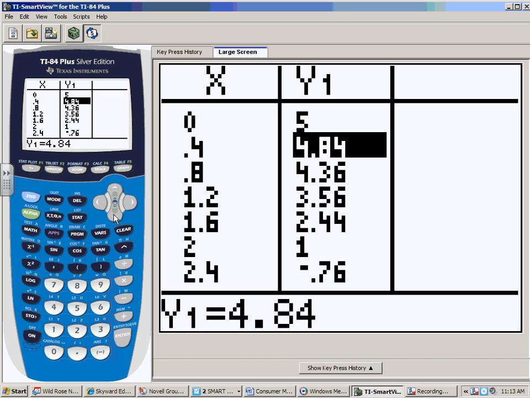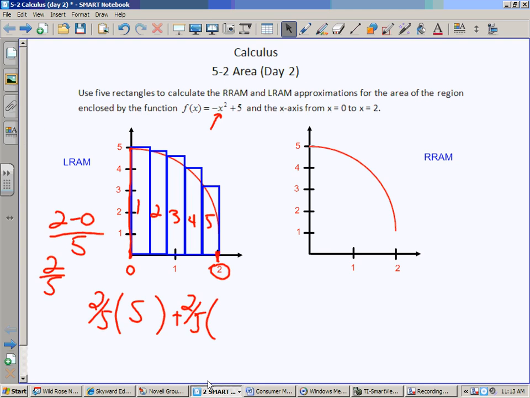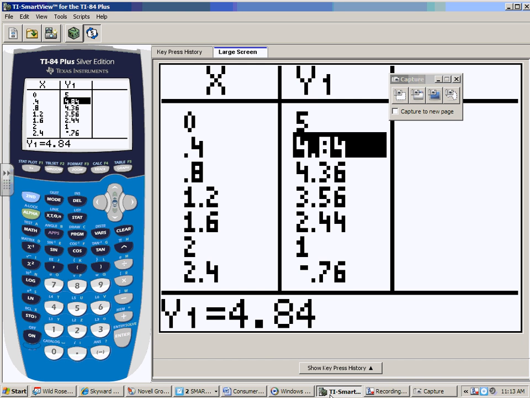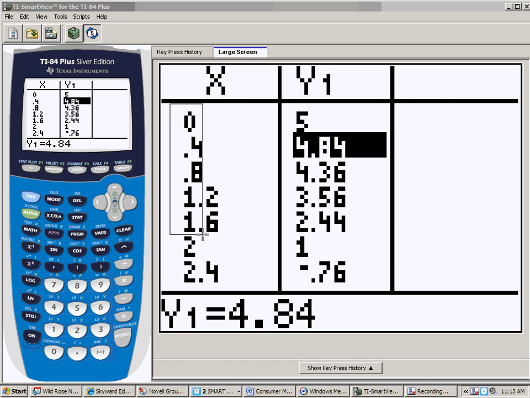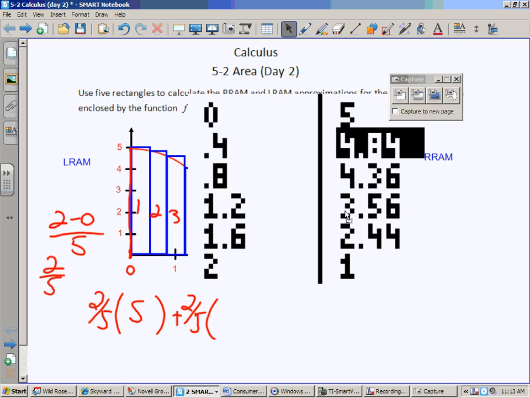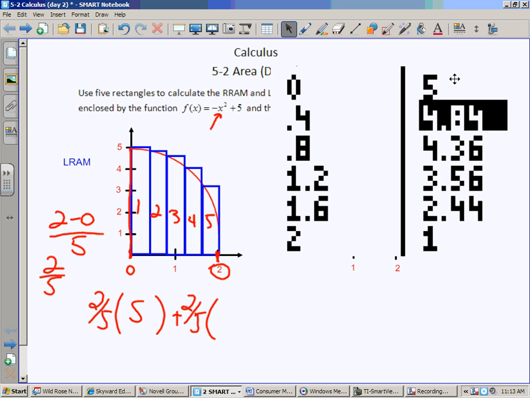So now you still have the calculator in front of you, and so you can kind of keep that. But let's try something quick here. So at 0.4, which is this one, right?